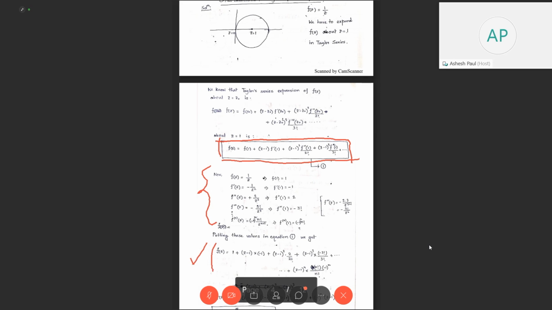The required Taylor series is this: f(z) is 1 plus (z minus 1) into minus 1 plus (z minus 1) whole square into 2 by factorial 2 plus (z minus 1) whole cube into minus factorial 3 by factorial 3 plus the nth term, which will be (z minus 1) whole to the power n into factorial n into minus 1 whole to the power n by factorial n.